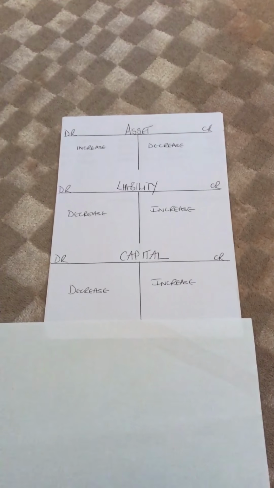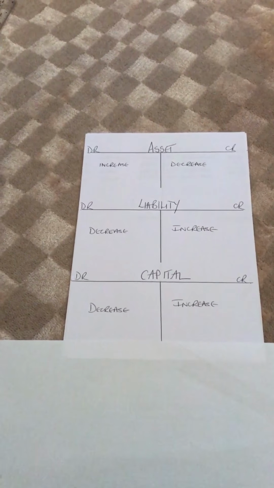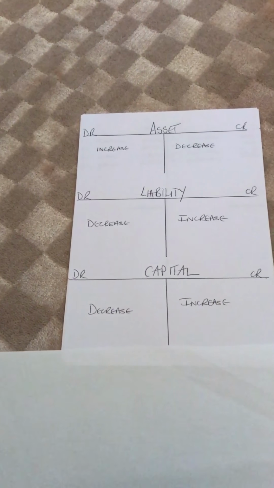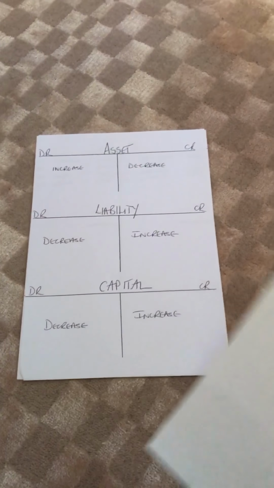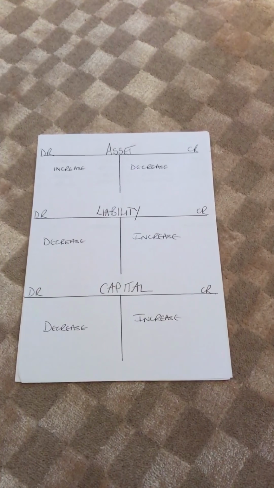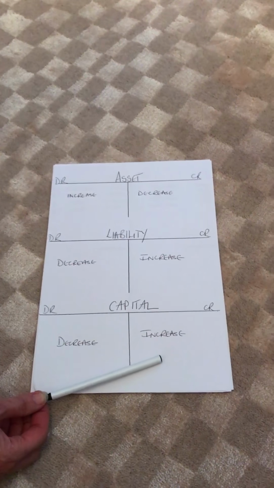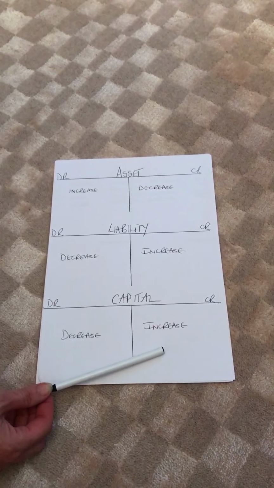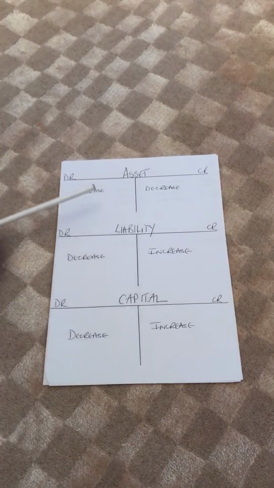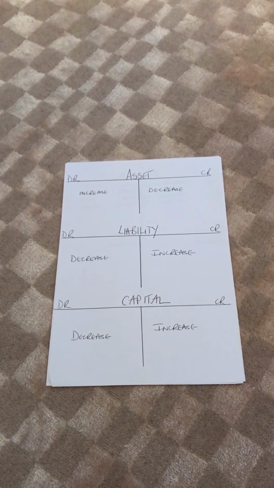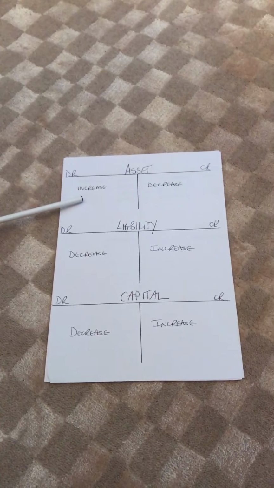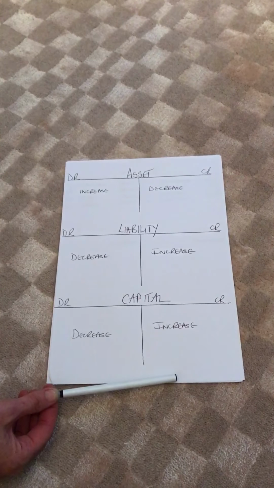However, the owner has put the money into the business. The business owes the owner more than it did yesterday. The capital has increased. Credit the capital. When the owner puts money into the business by cheque or into the bank, debit the bank, credit the capital.